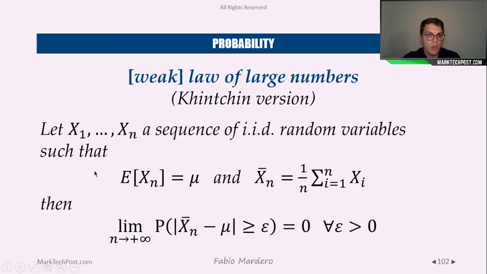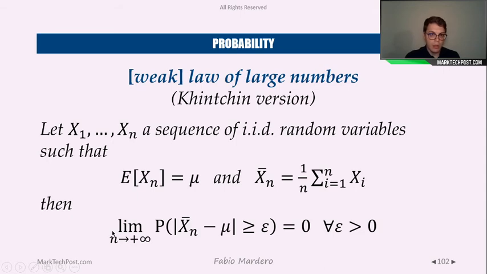So with these conditions, we have that the expected value of the generic random variable, since they are identically distributed, is identified as mu. And we also define this average, this mean, as the average of the values. This is a random variable because it can be seen as a linear combination of these random variables, and a linear combination of random variables is still a random variable, still a random phenomenon.